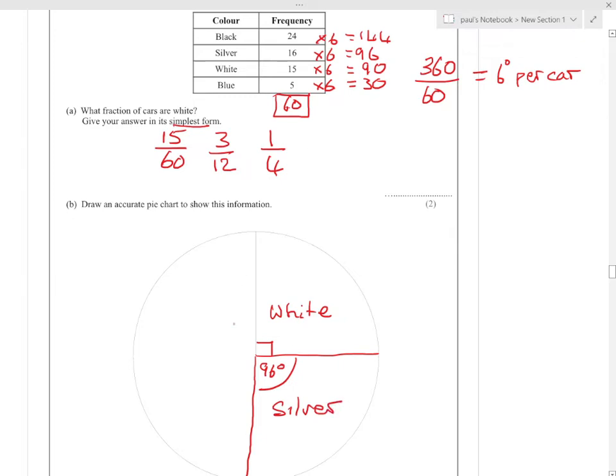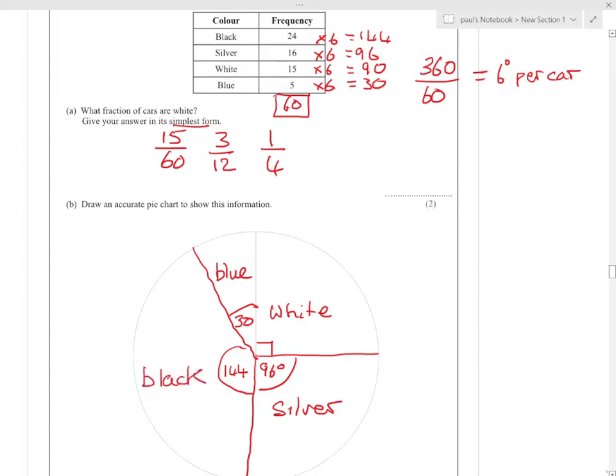And we've got 30 degrees, which is about a third of that, so maybe something like that. So that will be 30 degrees, and that's the small one, the blue cars. And the other one is 144 degrees, and this is the black cars.